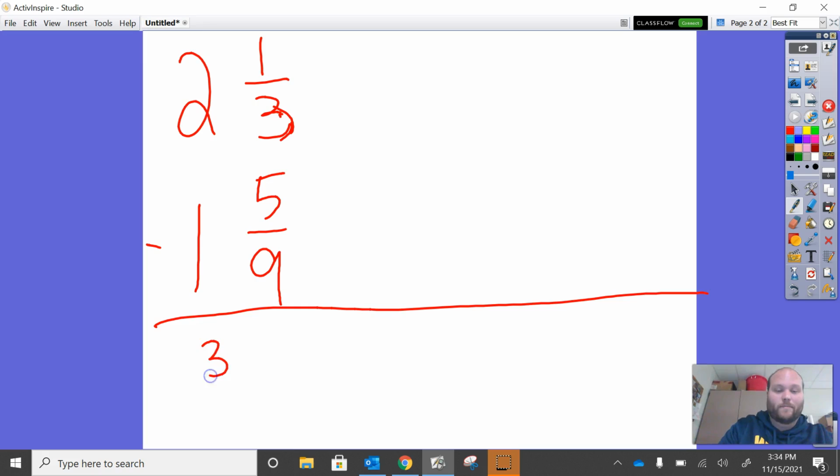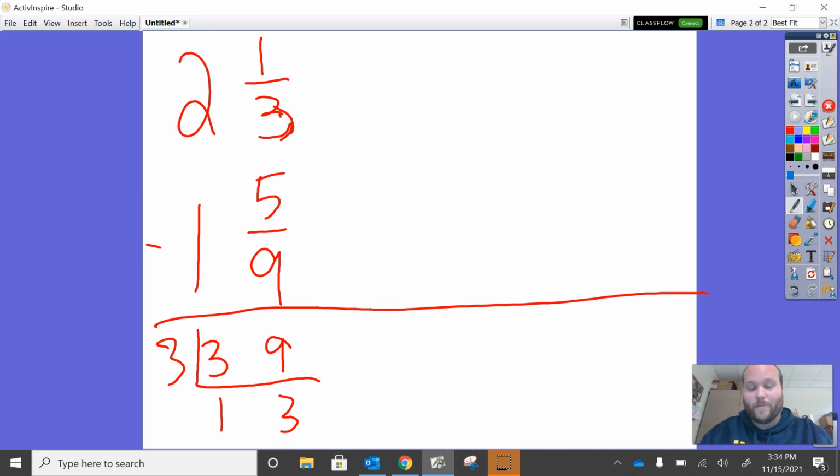So we're going to have 3 and 9. A 3 can come out. 9 divided by 3 is 3, and 3 divided by 3 is 1. Then I multiply: 3 times 1 is 3, times 3 is 9. So 9 is the denominator.